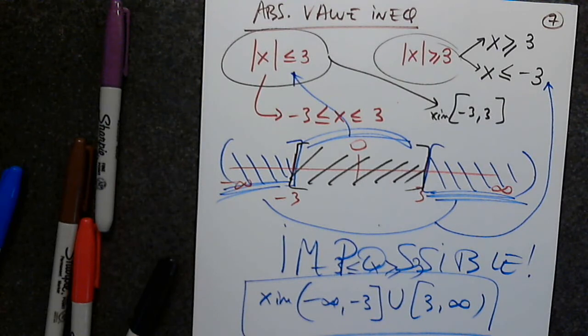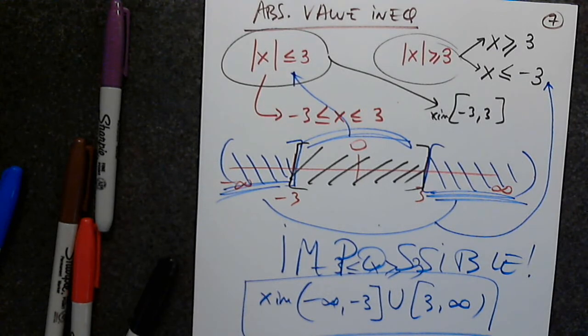Mhm. -5. -5 in absolute value is 5, which is greater than or equal to 3. -10. The absolute value of -10 is 10, which is greater than or equal to 3. But if you want -1, no. -1 in absolute value is 1, which is not greater than or equal to 3.